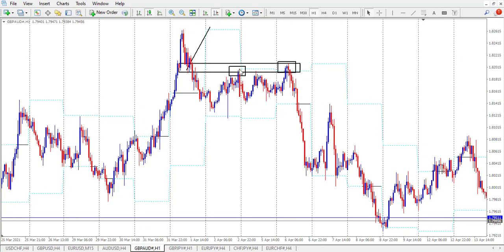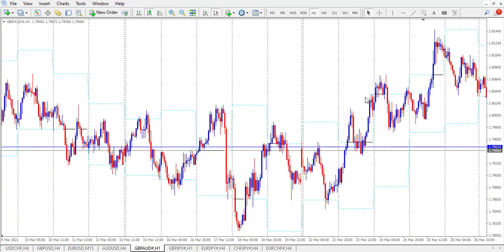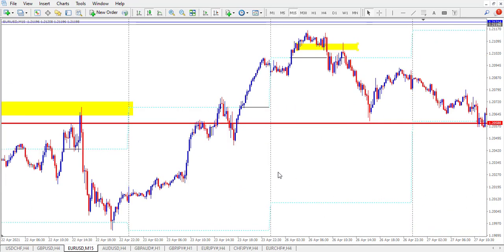So if you have entered here, stop loss would have been up here, and you have just waited for the move to present itself. So this is how you trade the breakers. This is how you identify and trade breakers with this method I just showed you here.